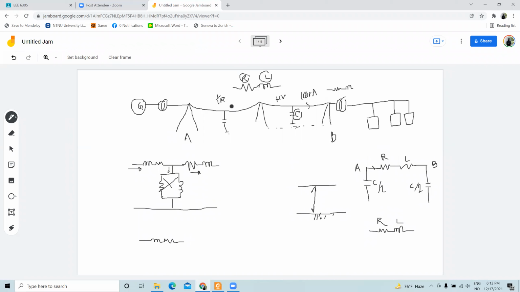If the transmission level is 132, the voltage is around 132 kilovolt. At that time, you can represent this circuit using RLC components and use Kirchhoff's law to solve the problem. Am I clear up to now? Yes.